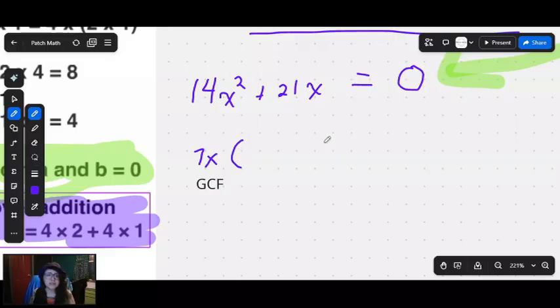Now that we've pulled that greatest common factor out front, what's happening when we factor out, we're undoing the distributive property. We're undoing multiplication. So, undoing multiplication, we do that with division. Now you may be asking me, why, Kayla, can you do that to only one side of the equal sign?